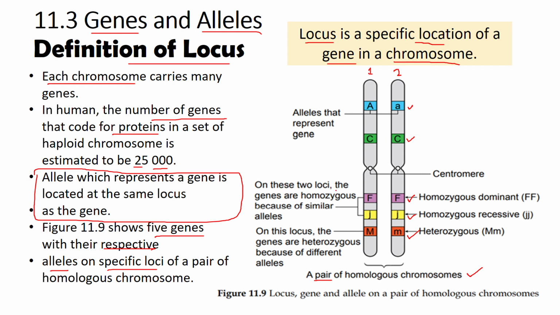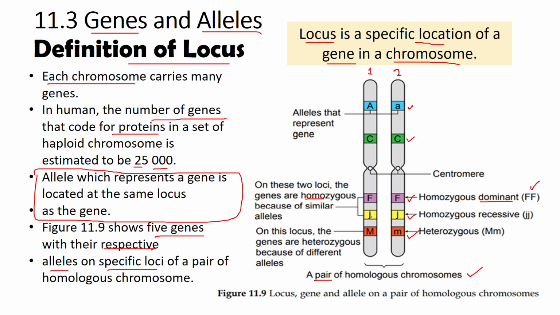On these two loci, the genes are homozygous because of the similar alleles. You can see here both are capital F. So homo means same. Homozygous dominant because they are characterized by a capital letter, so that means they carry the dominant trait.